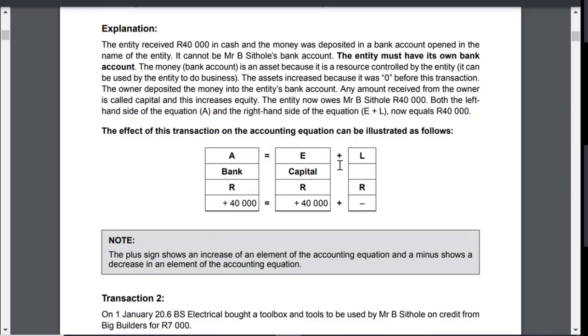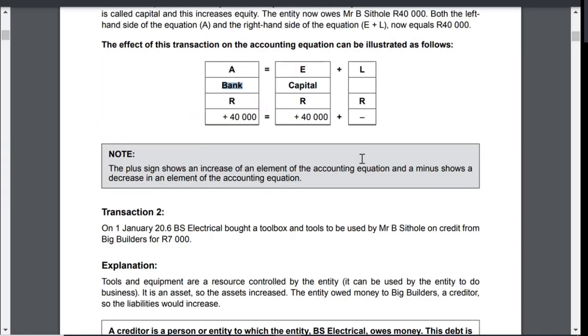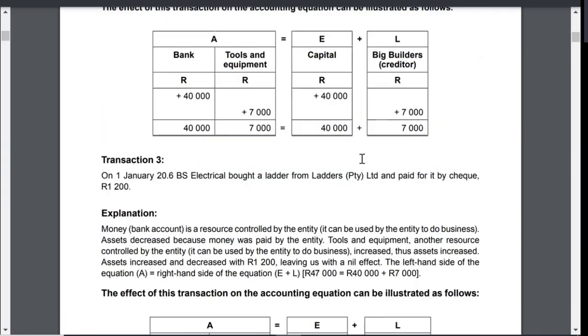But the accounting cycle needs to be audited at the end of the financial period, so you can't just take this directly to the financial position. We need to be able to trace our documents and how it was recorded.